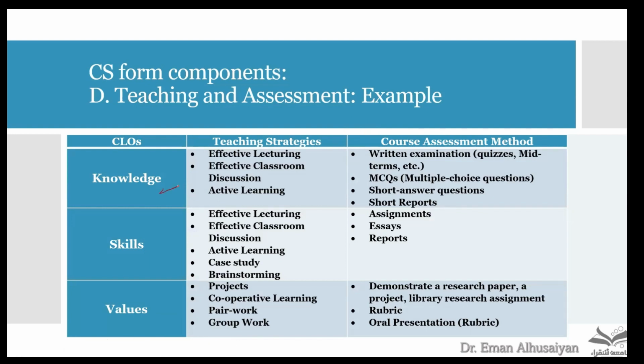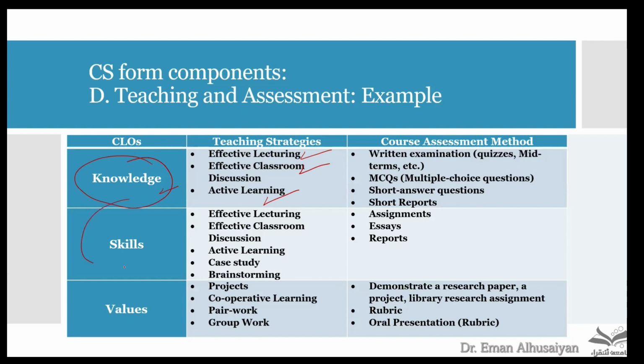For example, knowledge. When you come to knowledge, the agreed upon teaching strategies are an effective lecturing, effective classroom discussion, active learning, because it is knowledge. It is something that is implied. It's hard to design a certain strategy to deliver them.